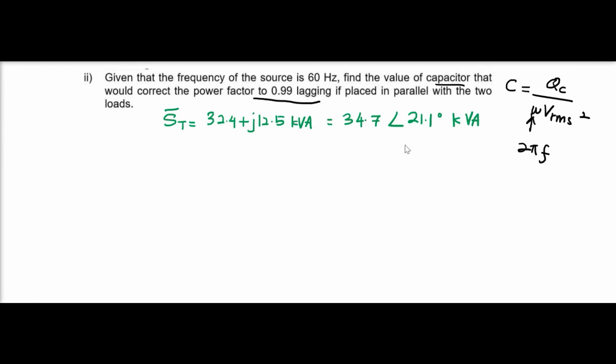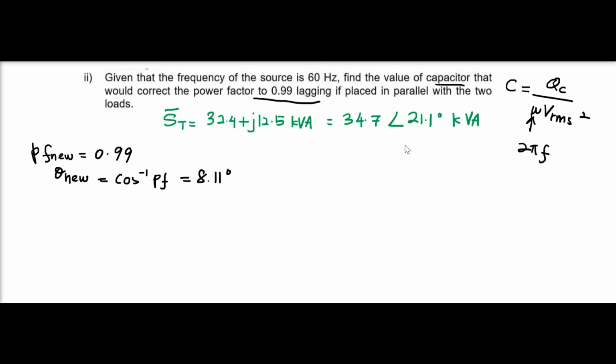From this PF new of 0.99, we can get theta new. Theta new equals inverse cos of PF, which is 8.11.